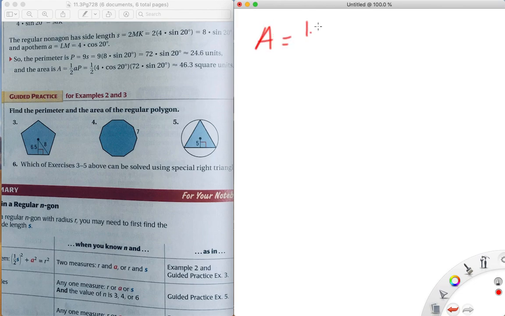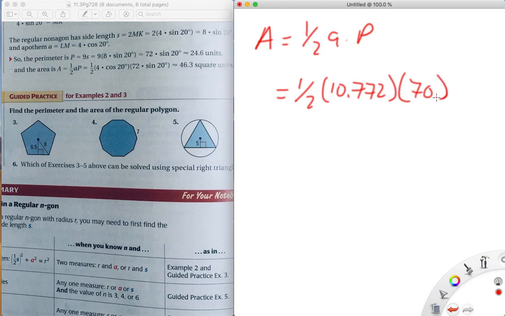Area is equal to 1/2 the apothem times the perimeter, which in this case is 1/2 of 10.772 times 70, which gives me about 377 units squared.